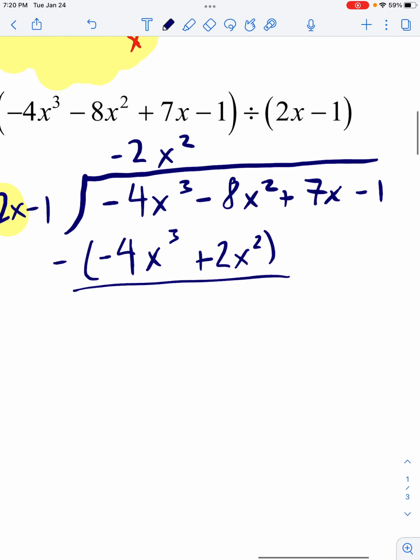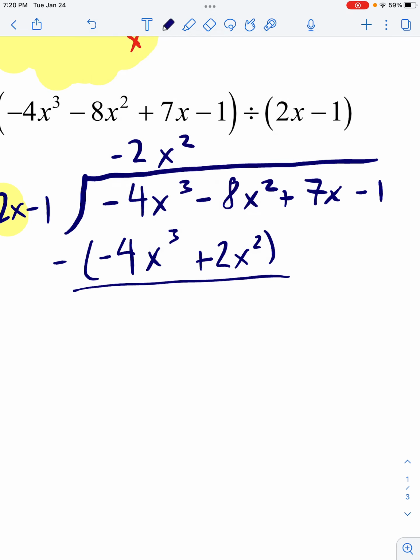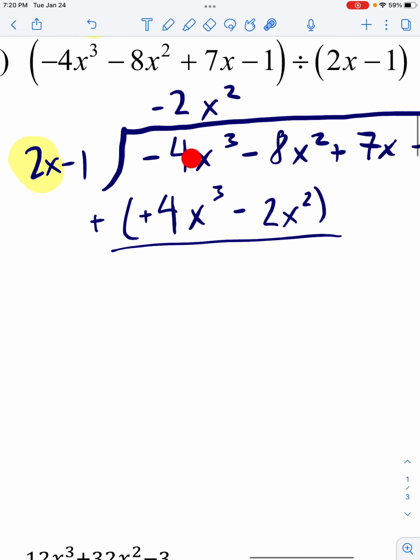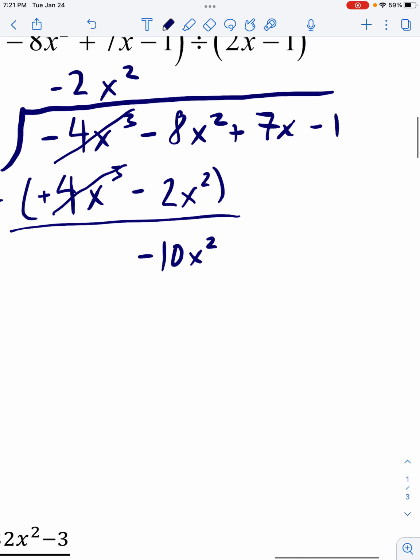I'm going to change this into a plus minus because I don't like doing subtraction. I prefer addition. So negative 4x cubed plus 4x cubed, those cancel. Negative 8x squared minus 2x squared is minus 10x squared.